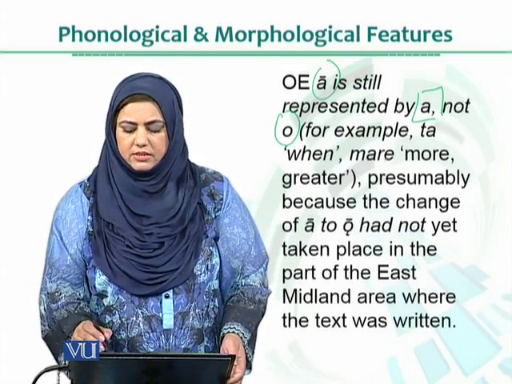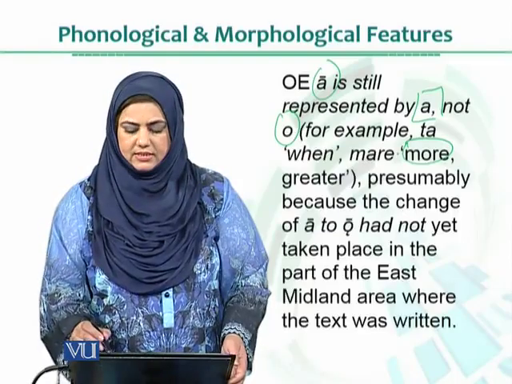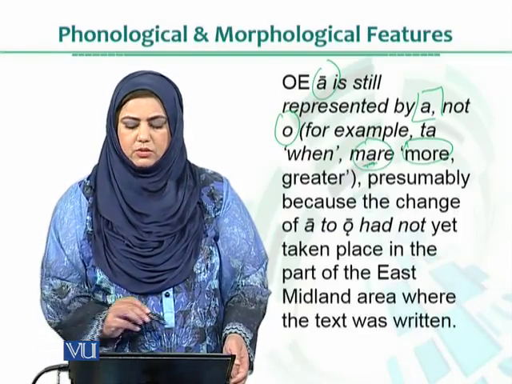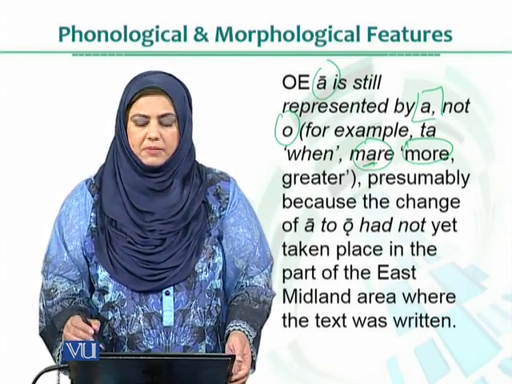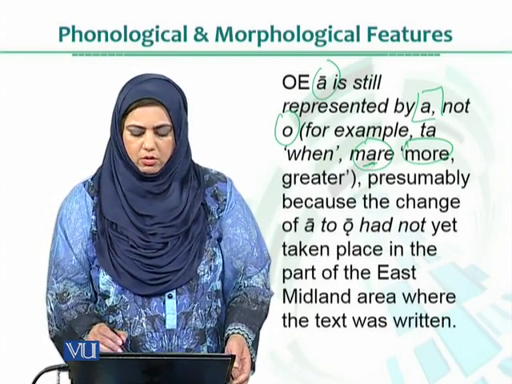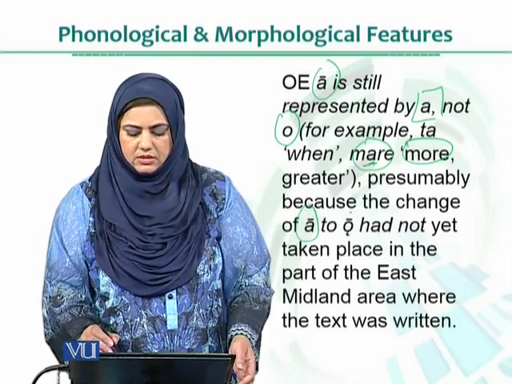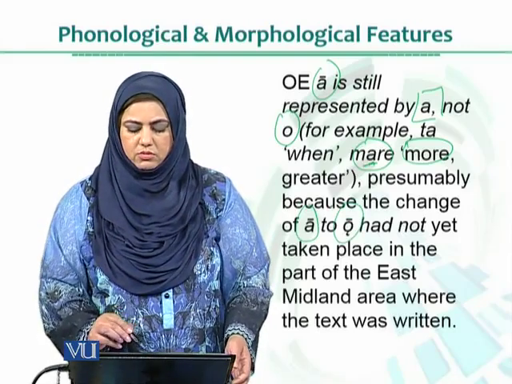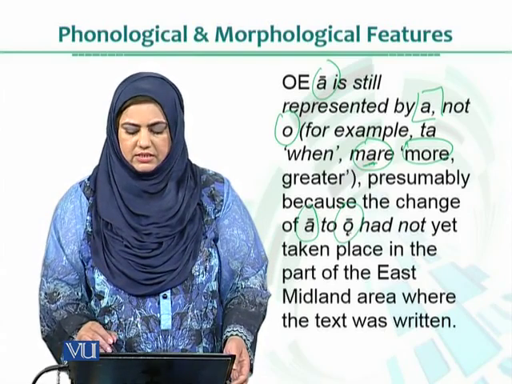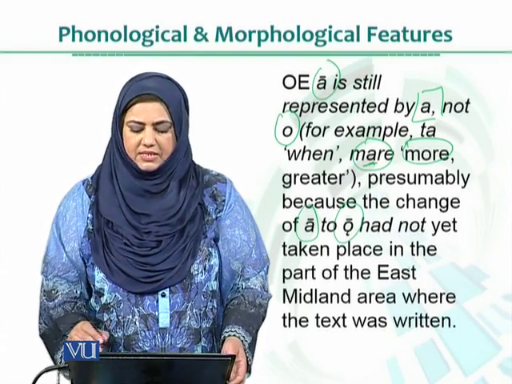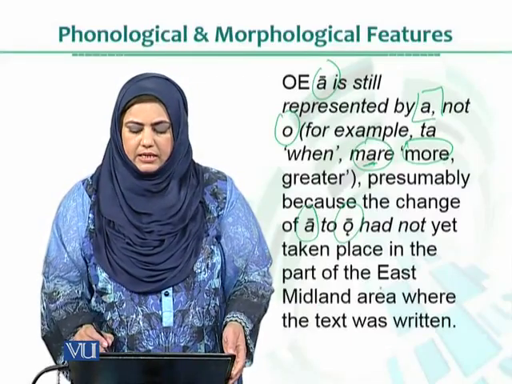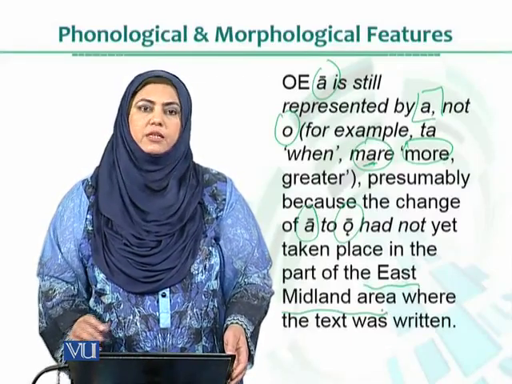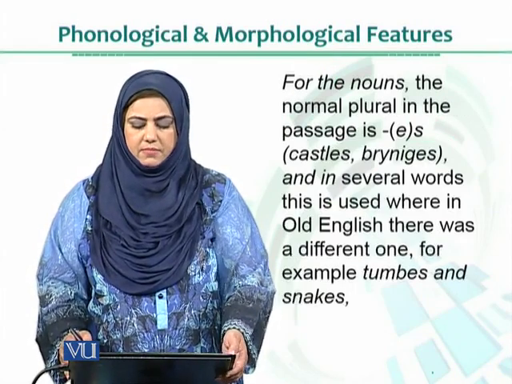You have noticed instead of more, it is written as this one. Presumably this was because the change of this particular sign to this particular sound and sign had not yet taken place in the early part of this Middle English period in the East Midland, from where the text is taken.